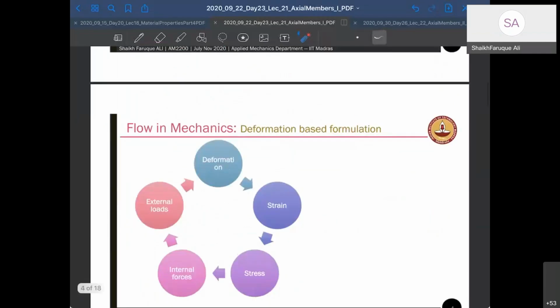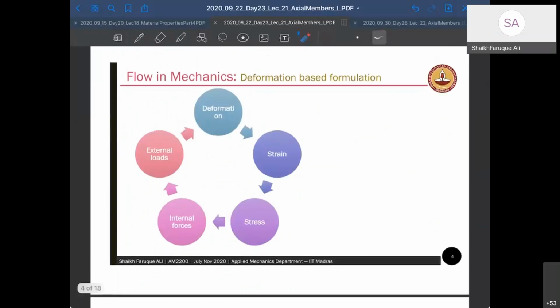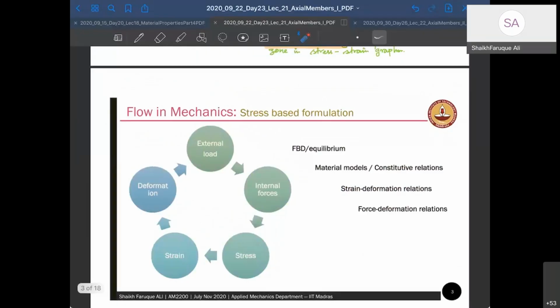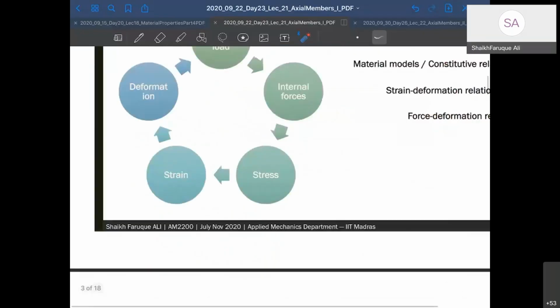The other way is called deformation-based formulation, where you know the deformation, and from there you work back to find how much load is on the structure. It's like a forensic study. You know what has happened, and you need to know why it has happened, so how much load has come to the structure. This one is a straightforward direct formulation, and that is called inverse formulation in mechanics.